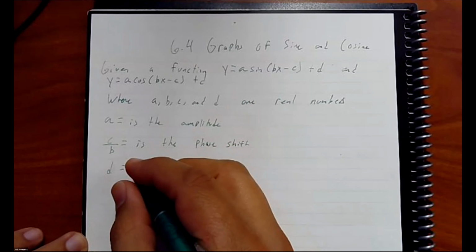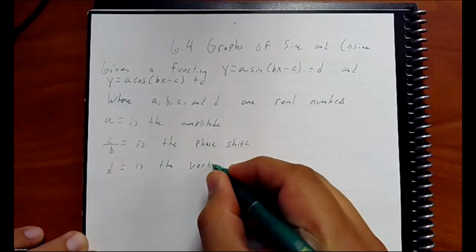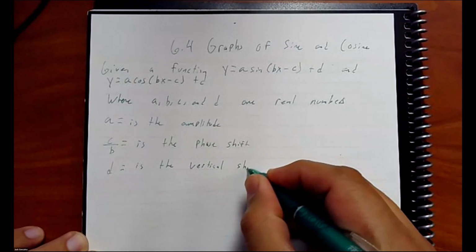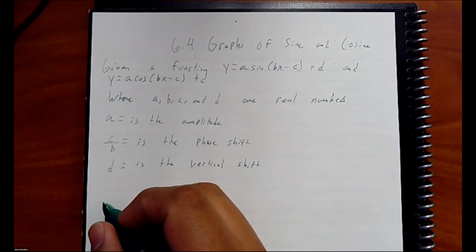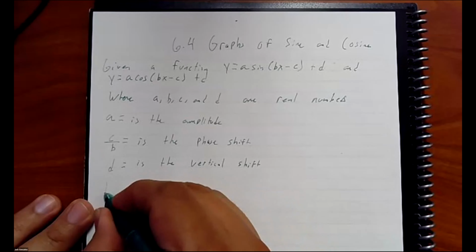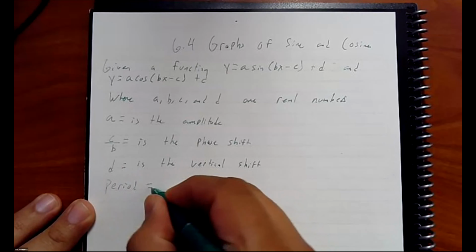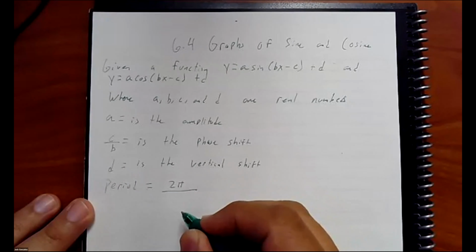D is the vertical shift or translation. Let me find the formula for period. That's the only one missing. Oh, here it is. Period is equal to 2 pi divided by B.